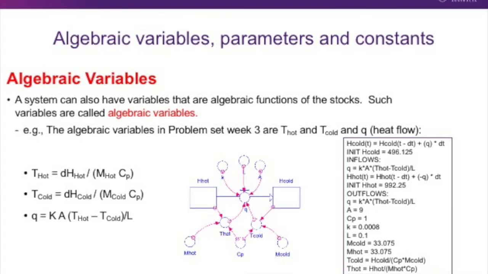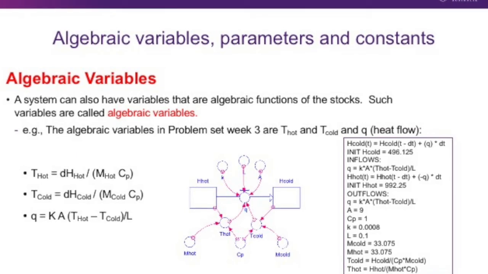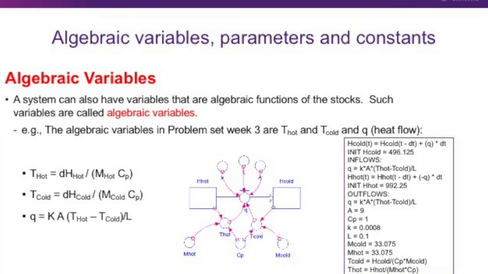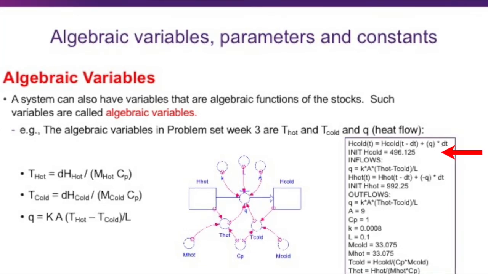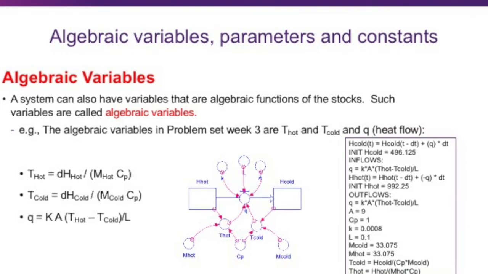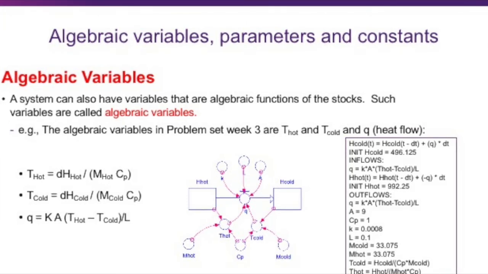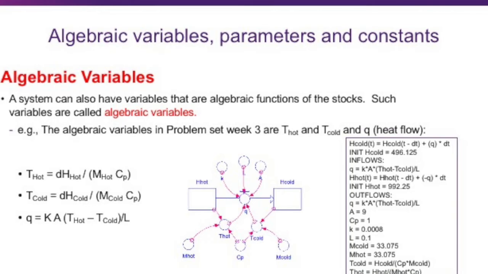So if you see in the enthalpy of the cold body, we have it at one time, and then it's calculated from a previous time step. So it says H cold T minus dt plus the flows. And the only flow that we have is actually the heat transfer, right? We also have an initial condition, an initial enthalpy, because we need to know the initial condition of the stock.